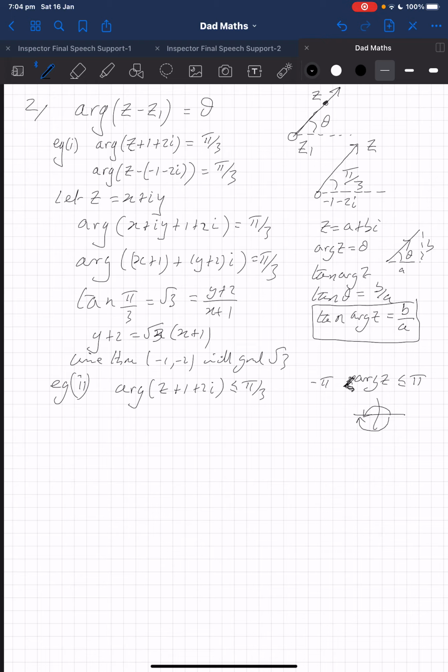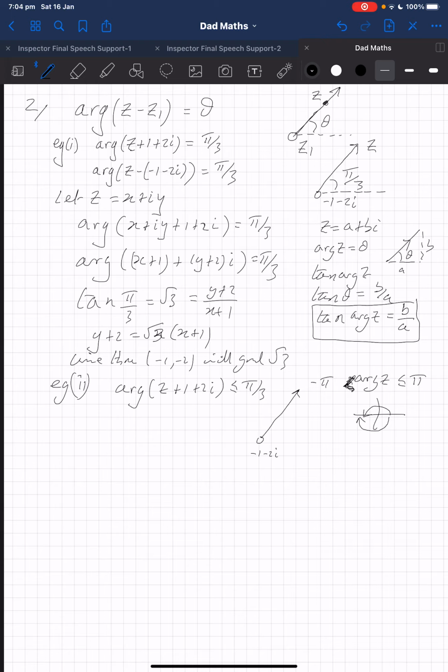Okay, so here, just like before, we are interested in the point minus 1 minus 2i, and the angle of pi over 3 is going to be in this direction.